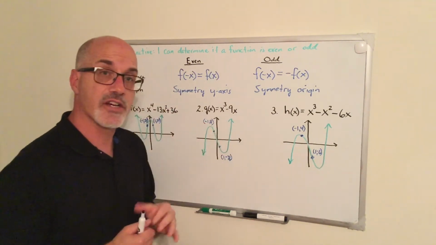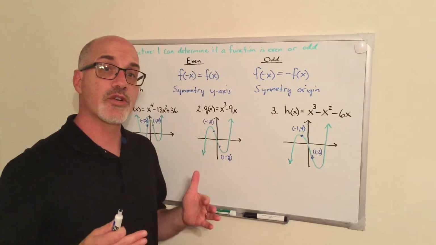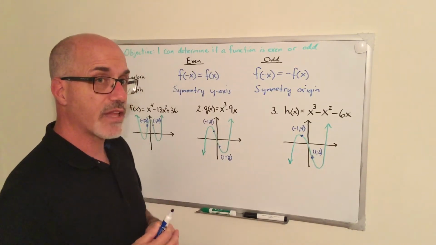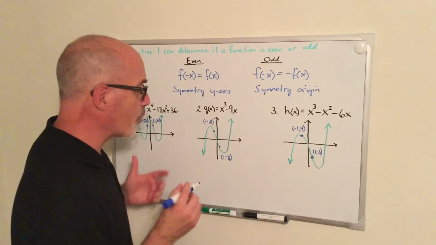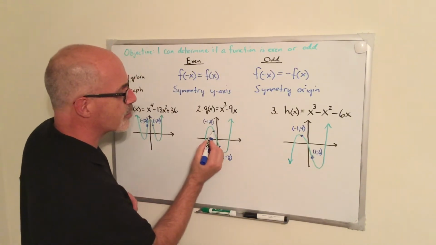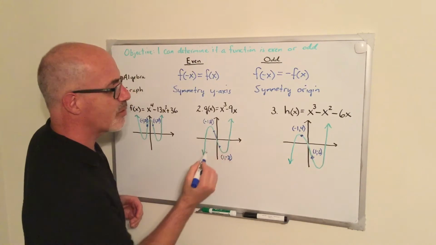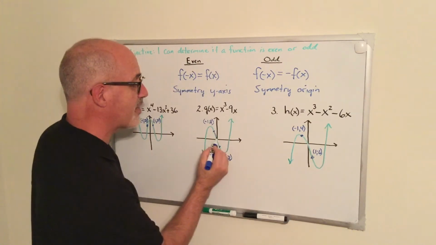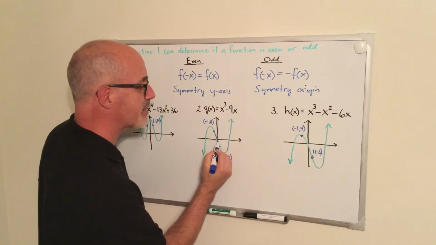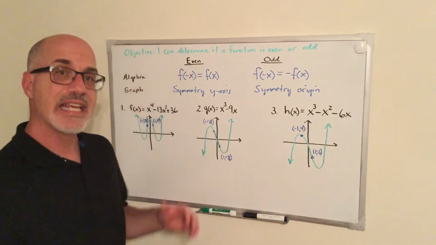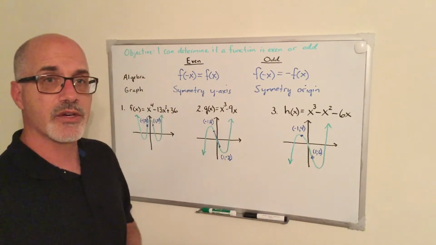Now, for an odd function, you've got to think of it in terms of the origin. Reflection over the origin, really what it means is, if I were to draw a straight line segment down from the point to the origin, and then just continue that and give the same segment on the other side, it will connect to the other point on the graph.